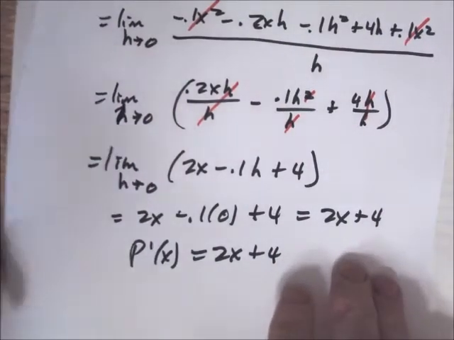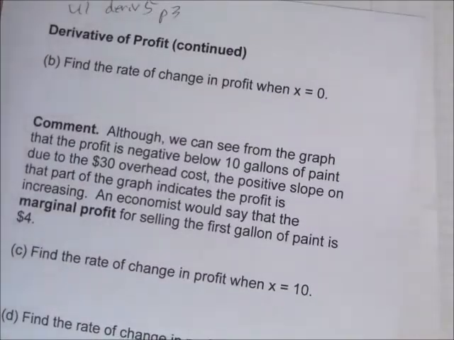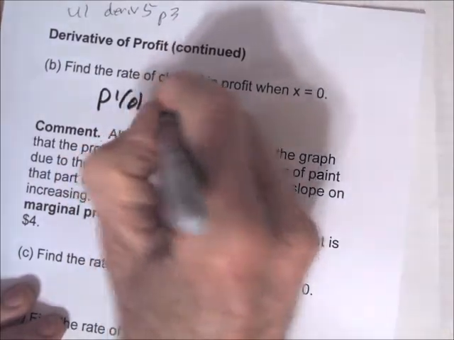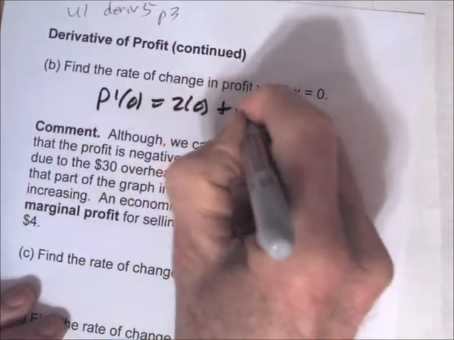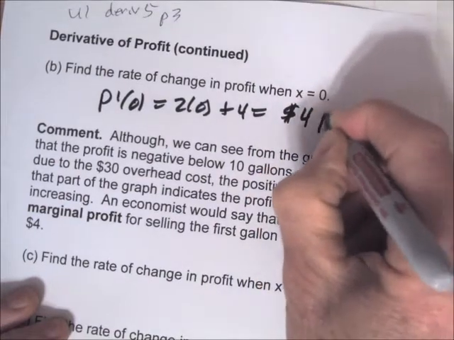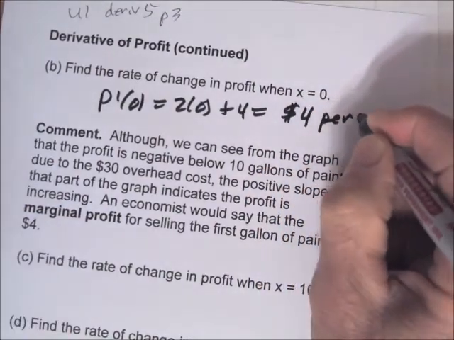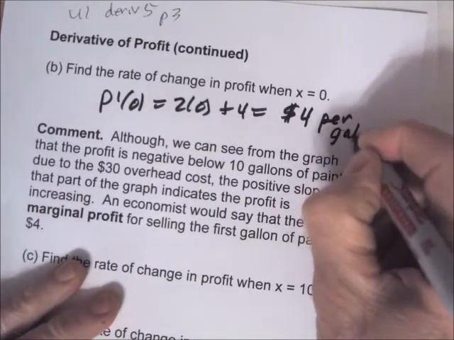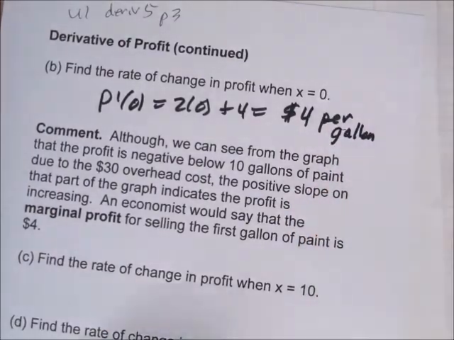The rate of change in the profit when x is 0, so p prime of 0. So minus 0.2 times 0 plus 4 would be $4 per gallon of paint, $4 for each gallon of paint sold. So that's the increase in profit there.